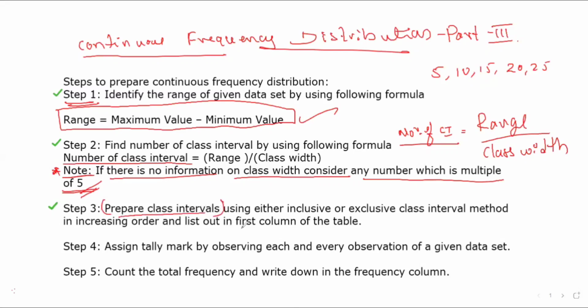So using which method? Either you need to go for the inclusive or exclusive class interval method. Already we know what we mean by inclusive as well as exclusive class interval.